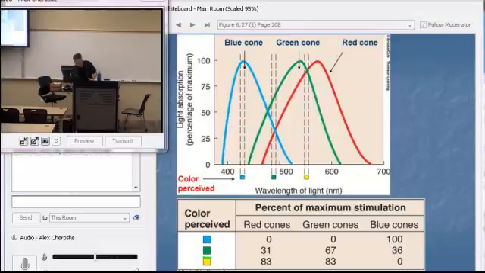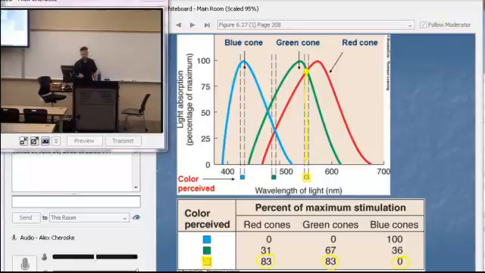So here's the yellow light coming in, right? Yellow light's about 550 nanometers. Let's follow it up. Well, you can see it doesn't overlap at all with the blue curve, right? So the blue cones are going to be silent. If we follow this up, notice it hits the green curve and the red absorption curve pretty high there. So most of the red cones and most of the green cones go, hey, we saw something. Blue cones are silent.